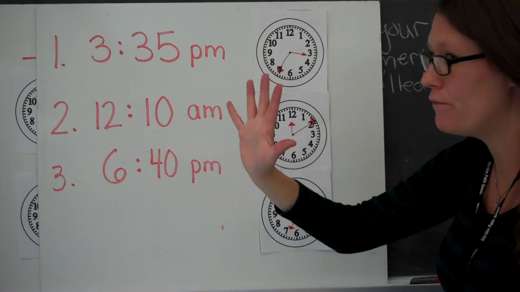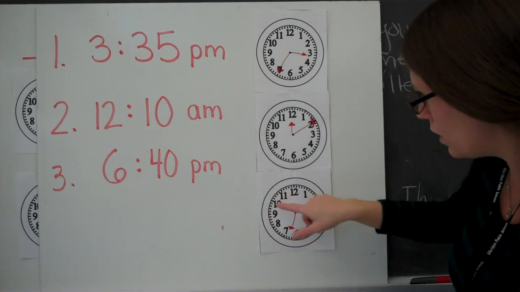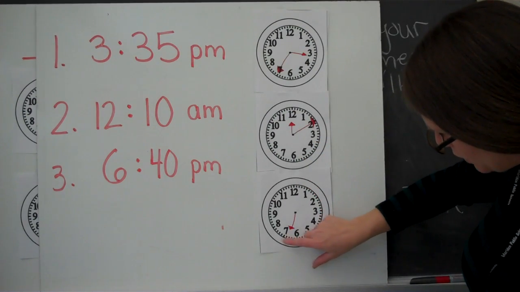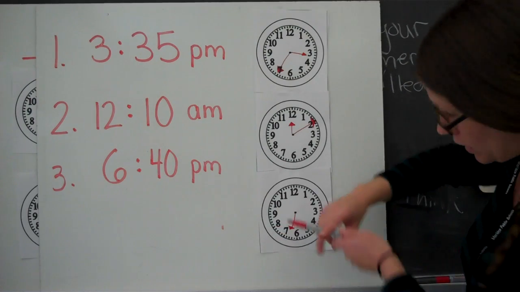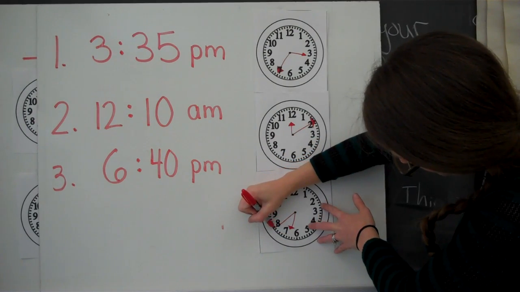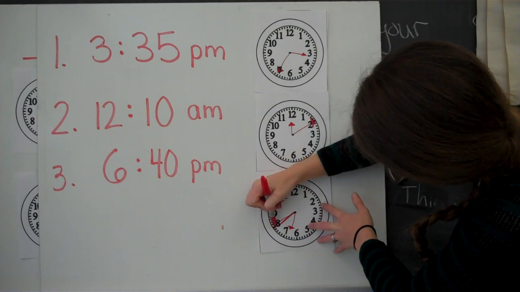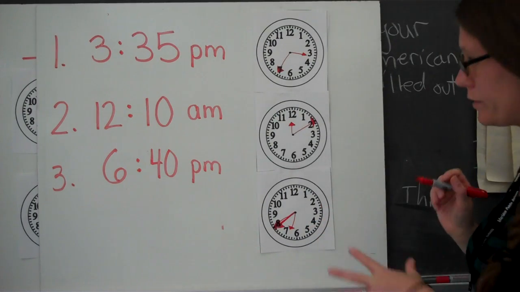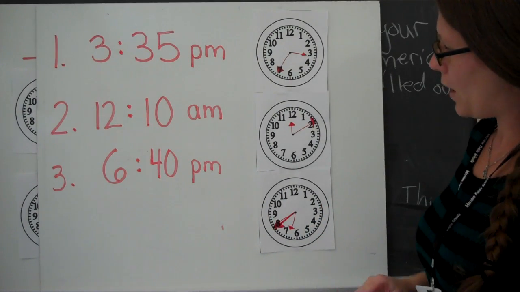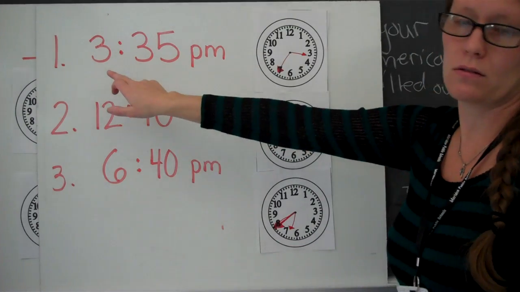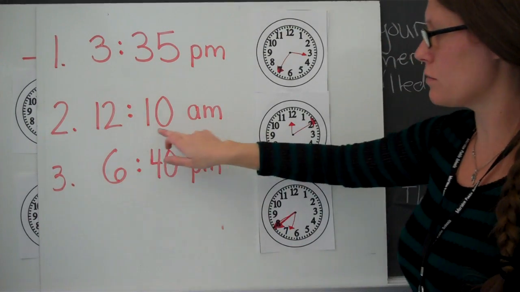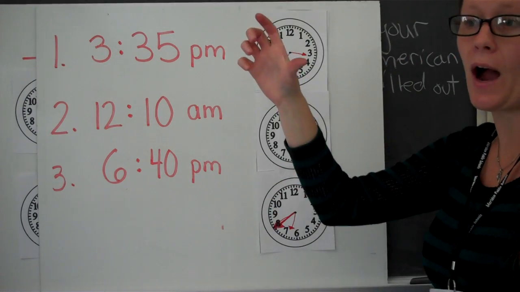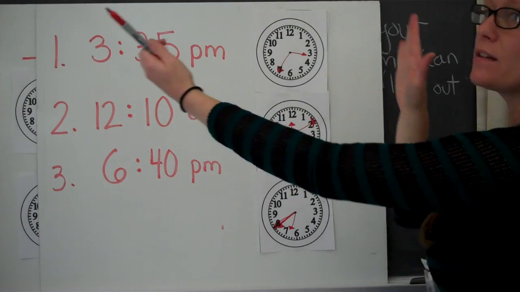I'm going to count by 5s until I get to 40. 5, 10, 15, 20, 25, 30, 35, 40. I'm going to draw my minute hand nice and long, so I know that that is my minute hand. That one's a little crazy. Okay. Hours, minutes, hours, minutes. Start with your hour, then draw in your minutes. Hour hand is short, minute hand is long.